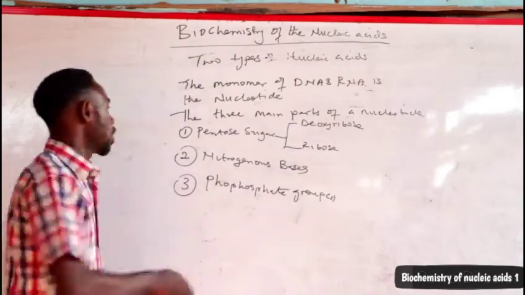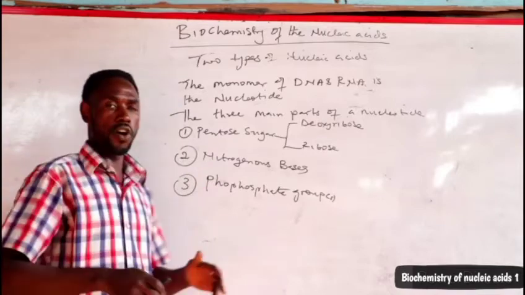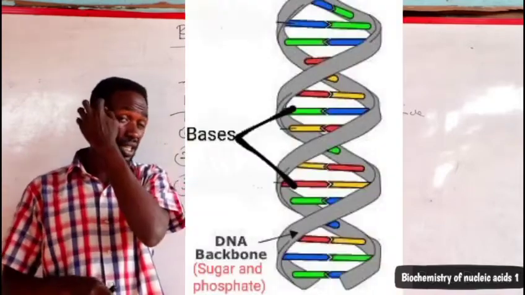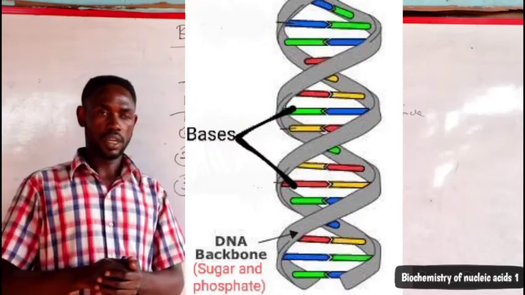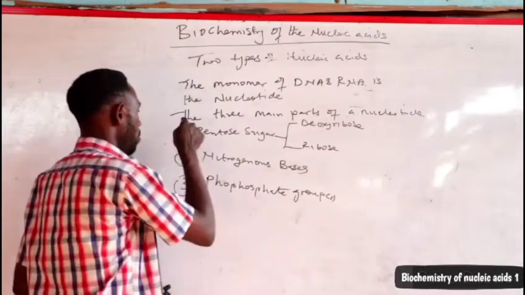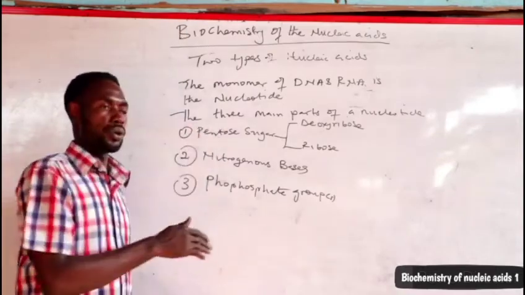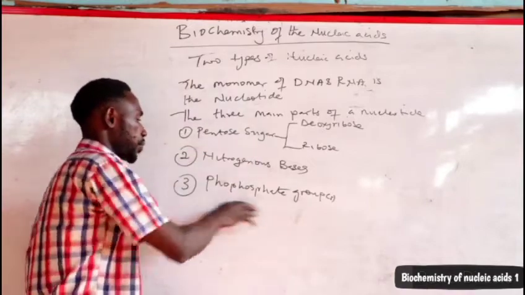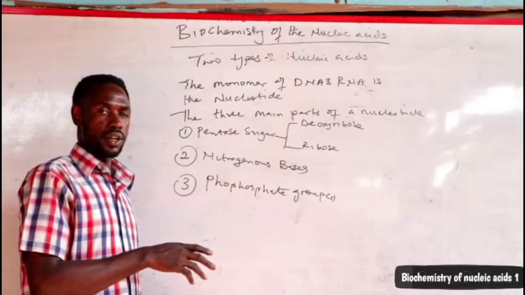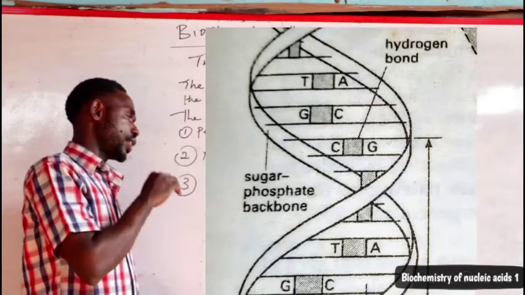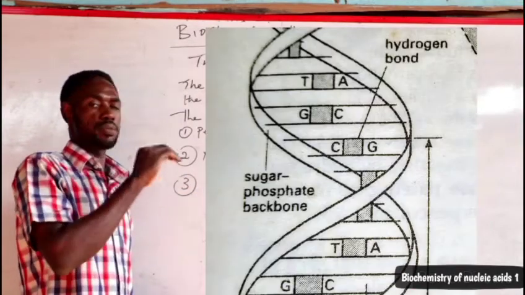Number 1 and 3 form the backbone, what we call the sugar phosphate backbone. If you have a ladder in this way, the pentose sugar and phosphate group form the backbone of DNA and RNA. In other words, we call it the phosphate sugar backbone or the sugar phosphate backbone.